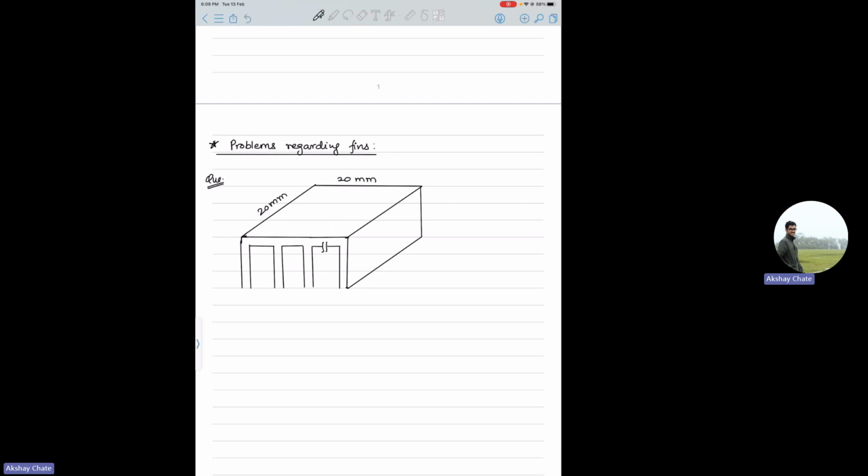This means that there are multiple fins. Don't worry about those, and you can show them like this. So this thickness is given as 3 mm.